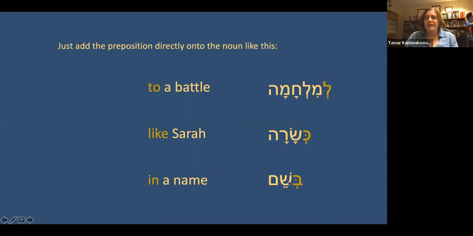And then finally, if I have the word shem, name, and I want to say in a name, bi shem. So you can take any of these and attach them to any noun to give you a little more information about what that noun is doing in the sentence.